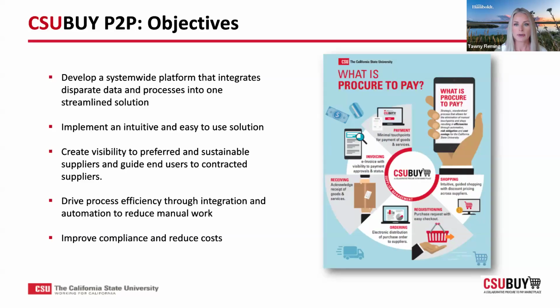While P2P will integrate with PeopleSoft CFS, allowing for necessary financial synchronization, the day-to-day work will take place within the P2P platform. For example, users will initiate and approve requisitions, manage POs, and review receipts and invoices, all within P2P. To keep these demos digestible, we are breaking down the full functionality of P2P into multiple demo sessions, each highlighting different aspects of the platform.